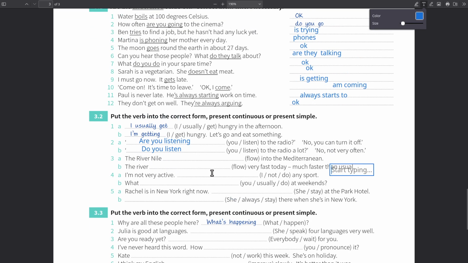More often than normal. In this case, the river is flowing very fast, much faster than usual. Okay, the next one is pretty simple. This is just a present simple. So the river flows, because we're talking about the third person. We're talking about a thing. In this case, the river.